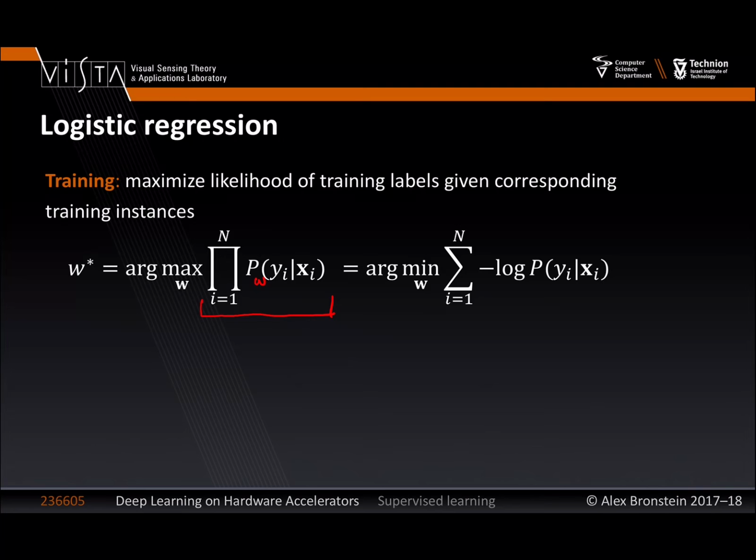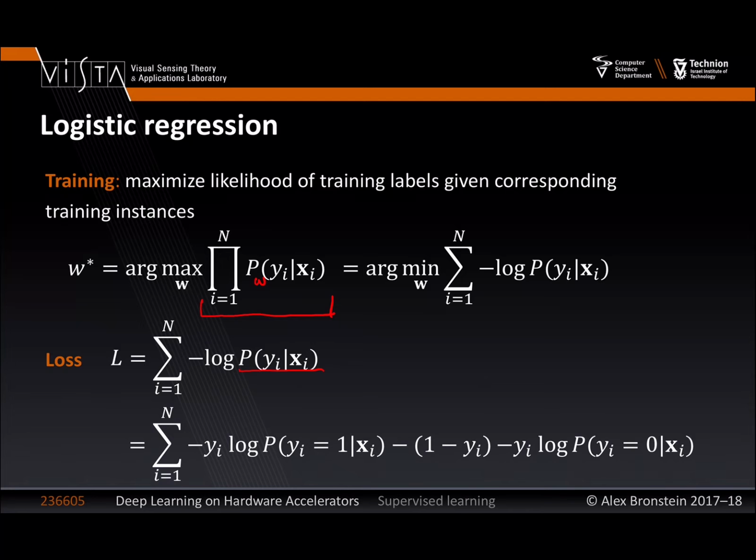It's actually nice to work with a negative log, because if I plug in the exact expression that I had before for this probability, I'm going to have this, so I'm just writing it this way. I'm using the fact that y_i can be either 0 or 1.